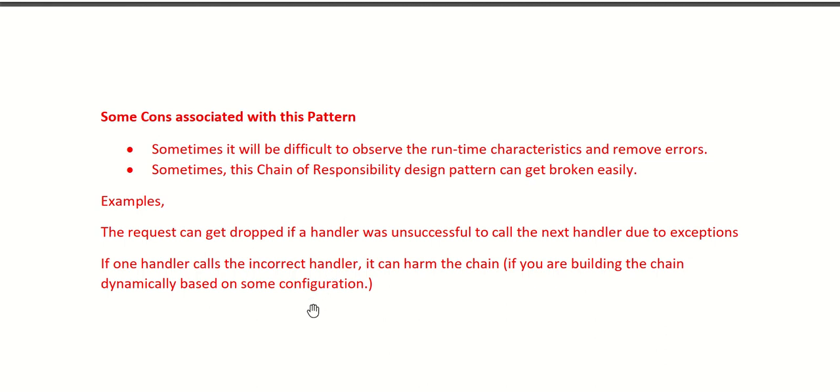But apart from that, if you take care of these points properly, I think this is the best solution when you want to decouple your sender as well as the receiver from the processing logic, whenever your request needs to be processed, and when you want to provide multiple chances of processing that request. So that's all from my side, and thank you for listening, guys, and have a nice day.